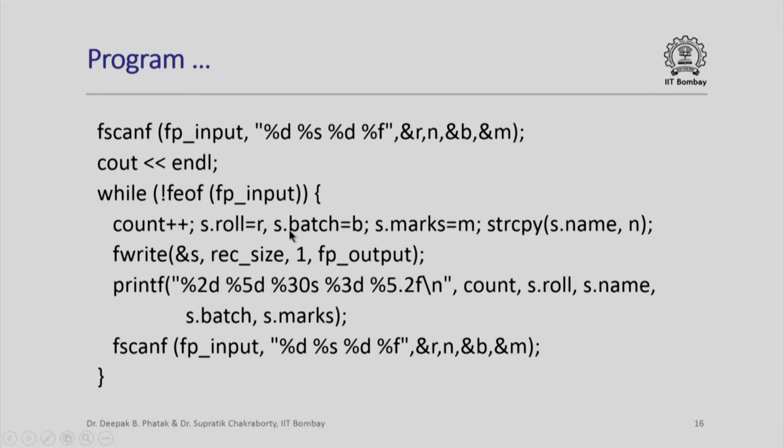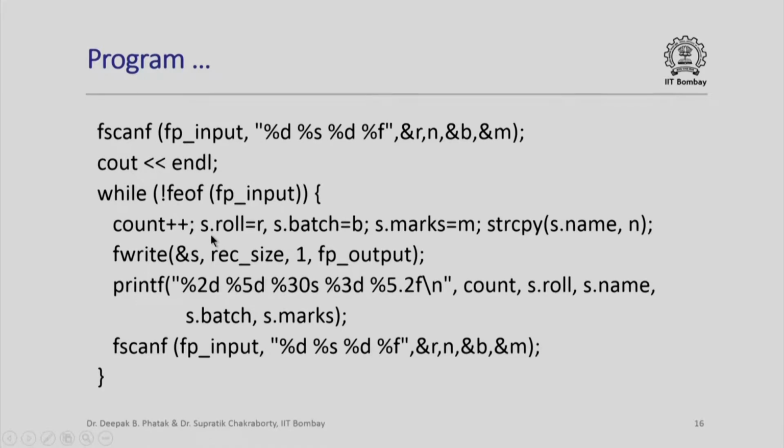S dot roll, s dot batch, s dot marks are all assigned values of r, b and m. As far as s dot name is concerned, I use a simple string copy function which will copy from n into s dot name.